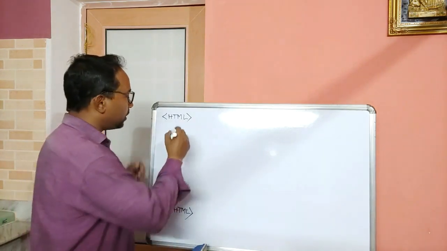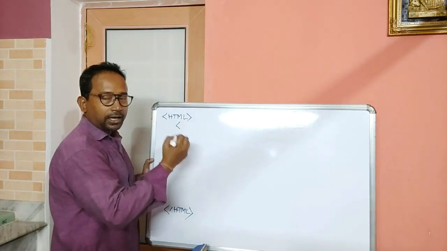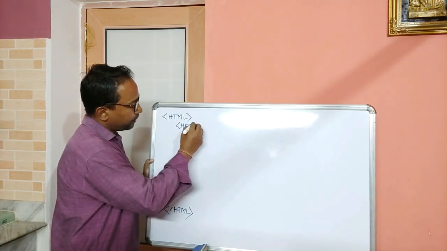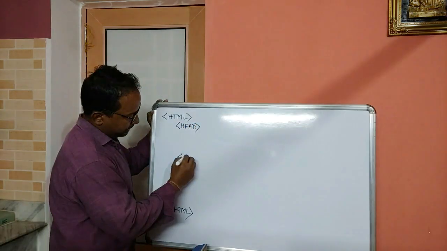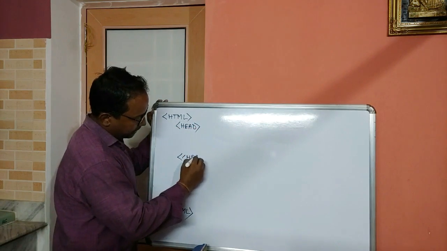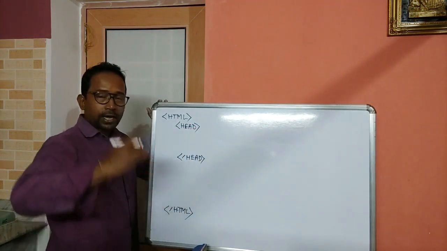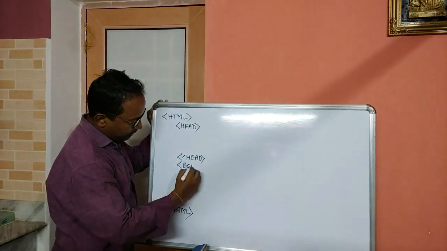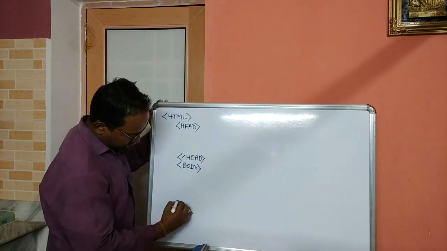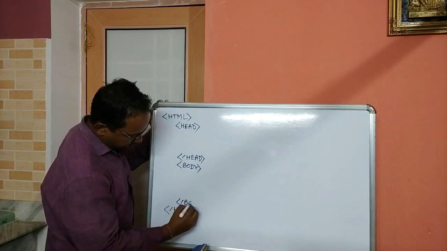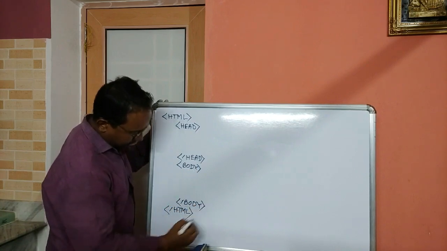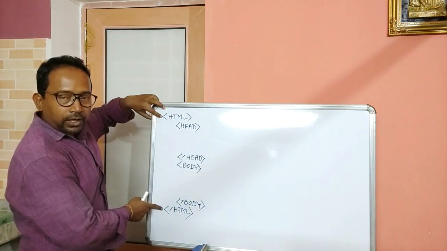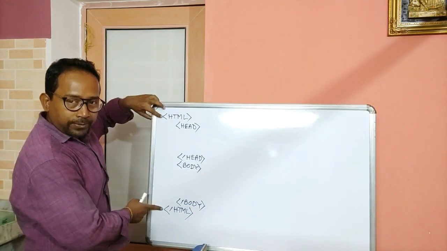For the head section, we write the head start and end tag. Head always appears above the body. Then below head, the body tag. For the body section, the body start tag and /body end tag.